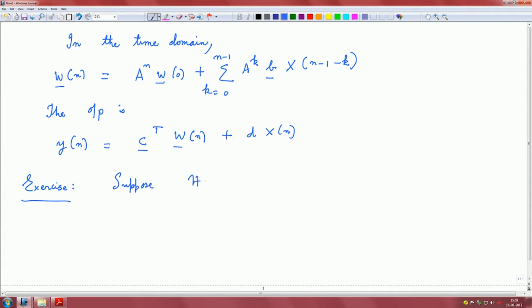Suppose I give you a transfer function H of z, which is 1 plus 2 z power minus 1 plus z power minus 2, over 1 minus 0.75 z power minus 1 plus 0.125 z power minus 2.